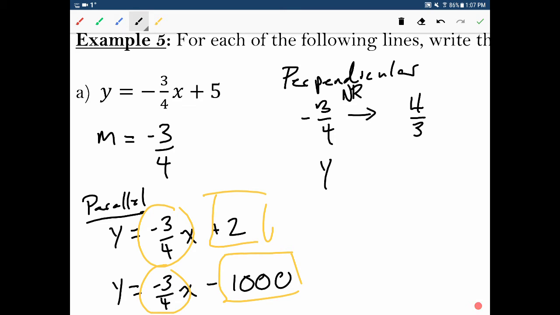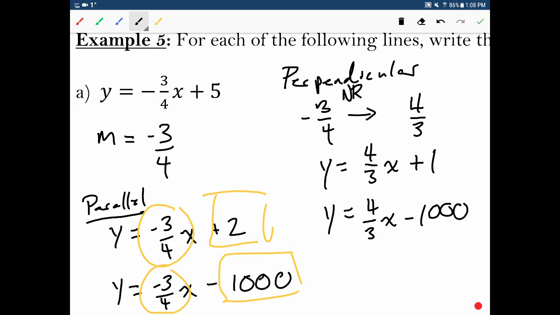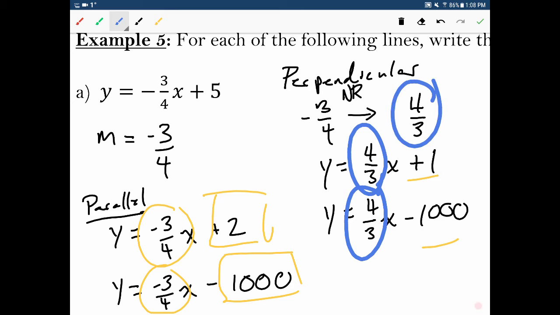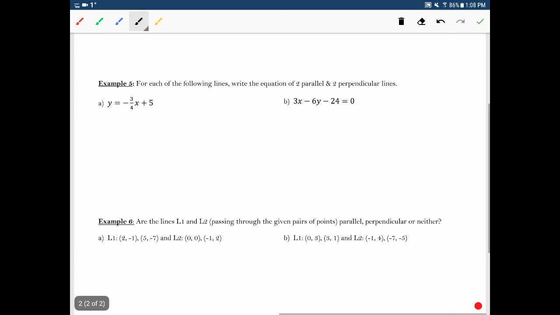So I can do any equation of a line that has a slope 4/3, and that will be perpendicular. So I could do +1. I could do y equals 4/3 x minus, let's go with 1,000 again. It doesn't matter, again, what this number is or what this number is. All that matters is that this number is the negative reciprocal.